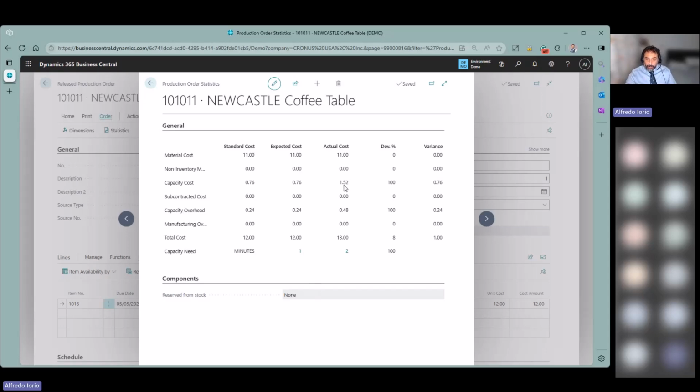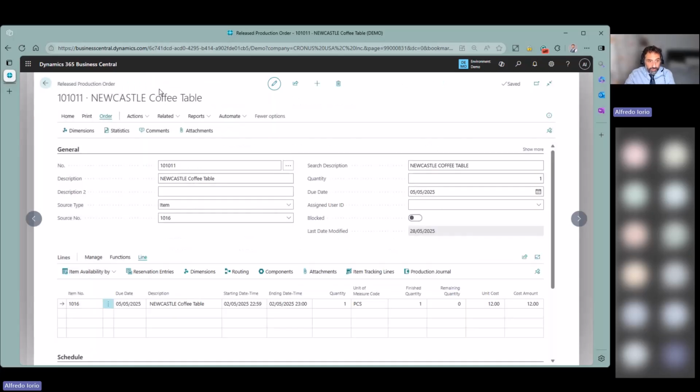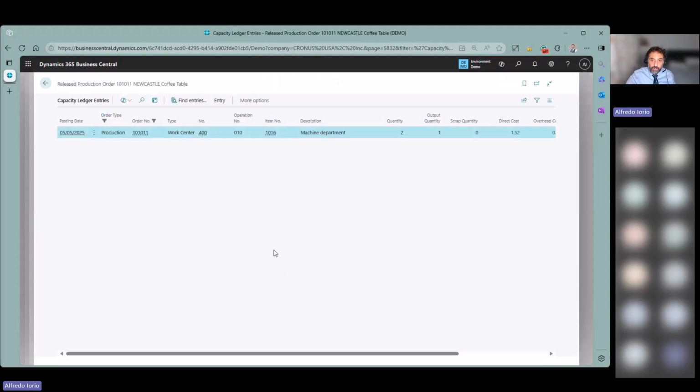But I also have a variance, and it's 100% variance on labor. And you can see that the variance is registered here. I have double the labor and variance because in my capacity ledger entries, instead of having 1 hour of this machine, which is set up on the item, I had to use 2 hours of the machine, right?